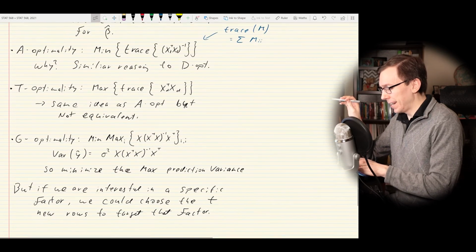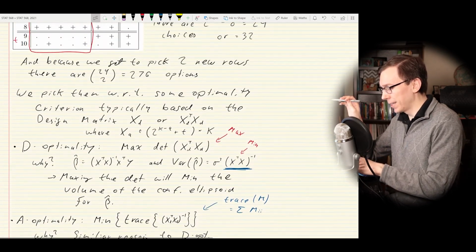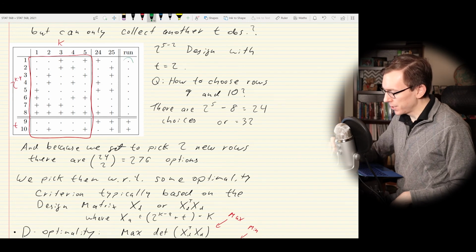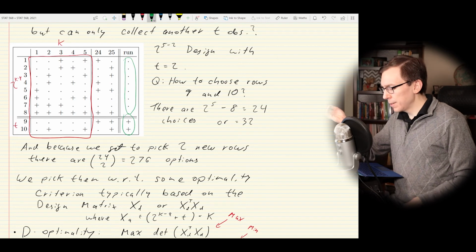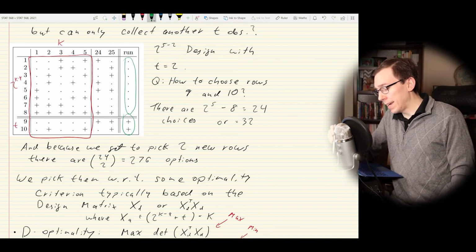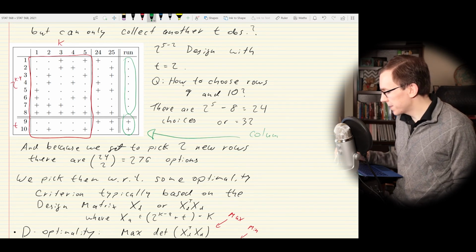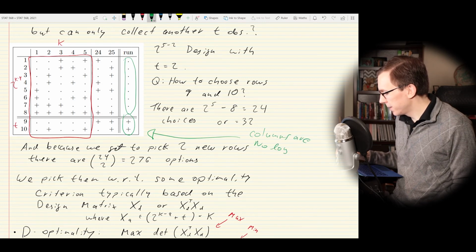But first, I did want to say one other thing that I forgot to do up here. We also get a runs column. And one of the things to note, for all of the columns I forgot to mention earlier, is that the columns are no longer balanced.